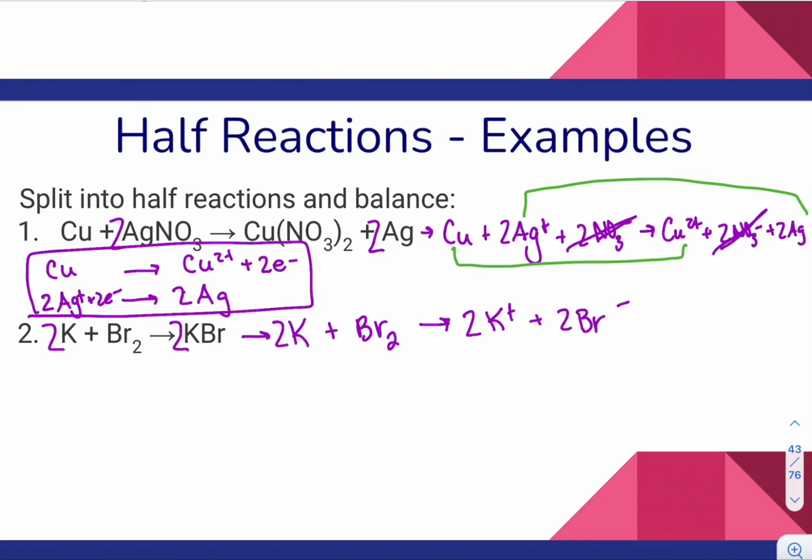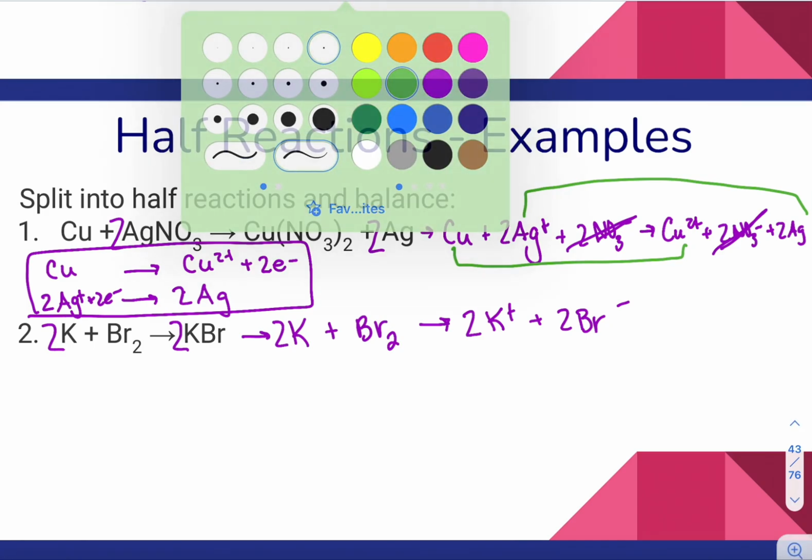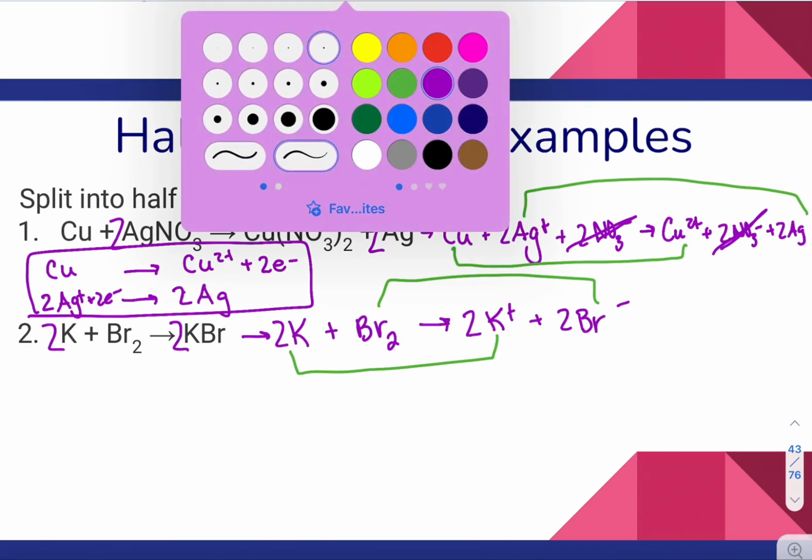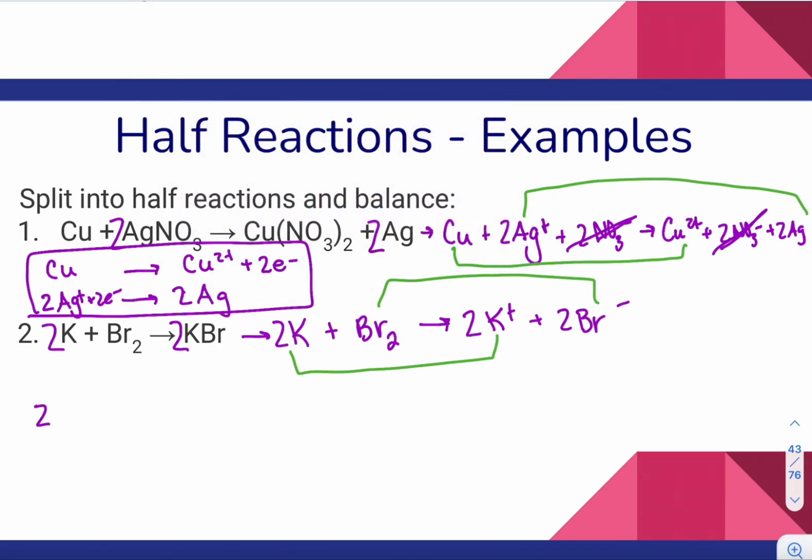But then your KBr will. So we're going to split it up and end up with 2K gives 2K plus, and Br2 gives 2Br minus.